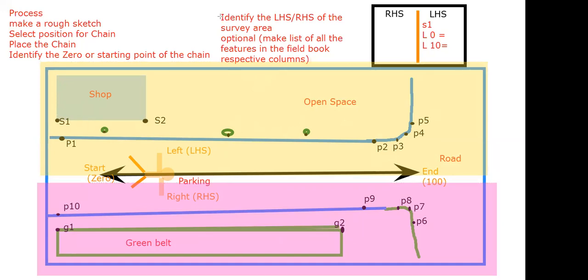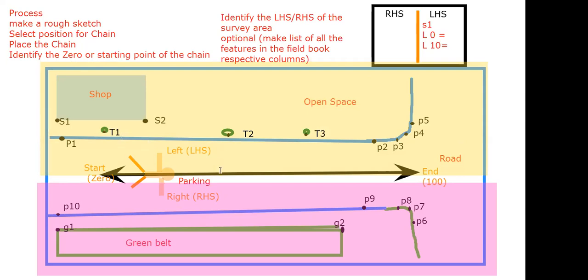Let's label these trees. This will be T1. This will be T2. And this will be T3. Okay, so these features, right? So that's how you will make a list of all the features.